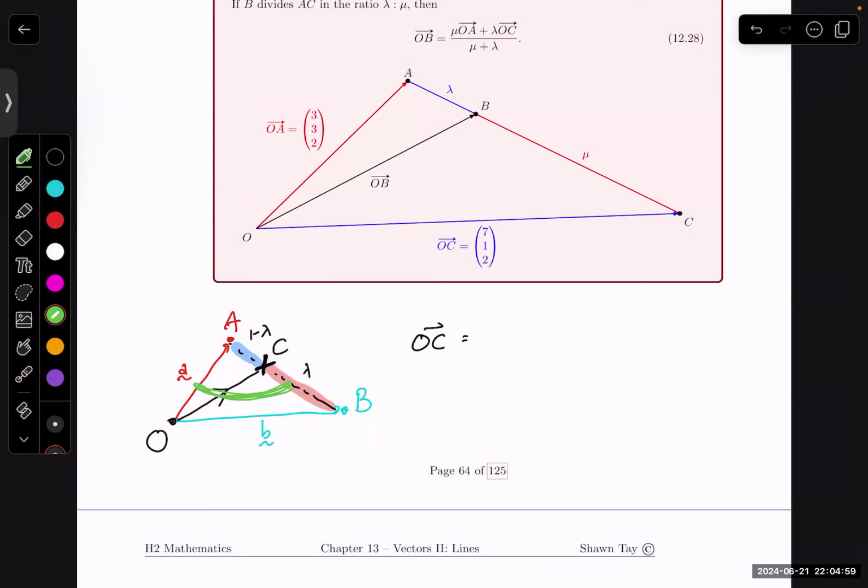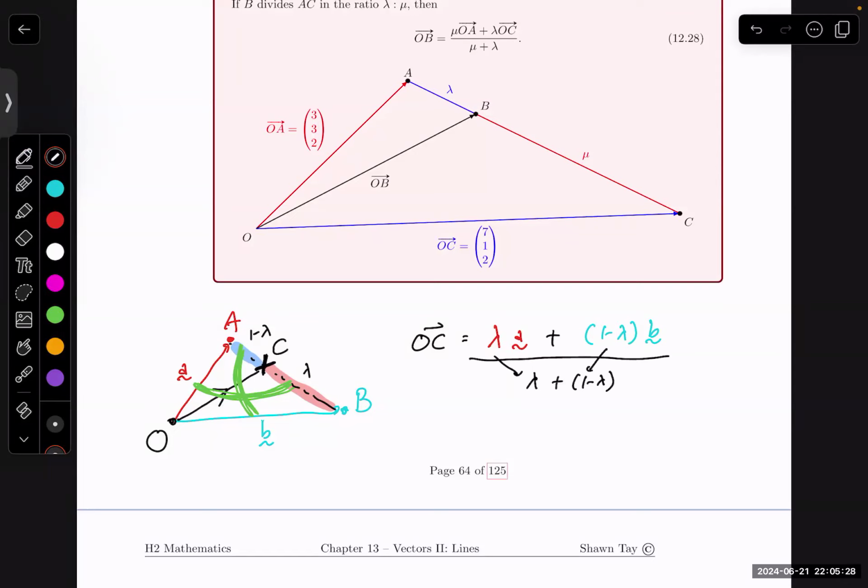So I have lambda times vector A. Then I jump across to the blue times blue, so I have 1 minus lambda times vector B. If I add those up and divide by those two proportions, or the ratio stuff, right?